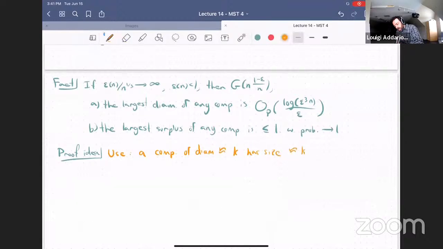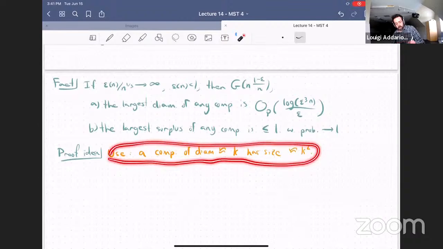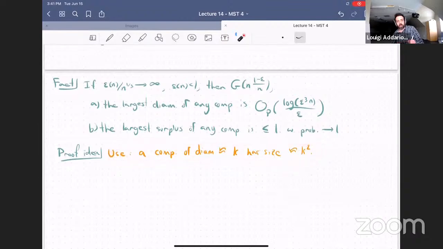So this is somehow using that these components roughly have quadratic volume growth, like random trees do. We've never precisely proved this, but we've seen various facts that are closely related to this, and I'll lean fairly heavily on this throughout the proof.